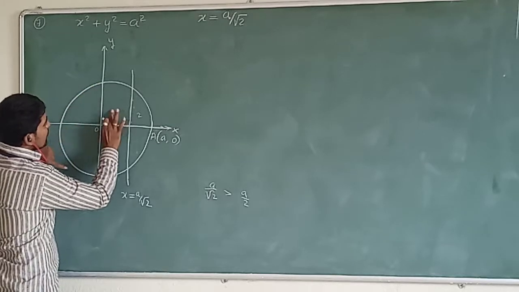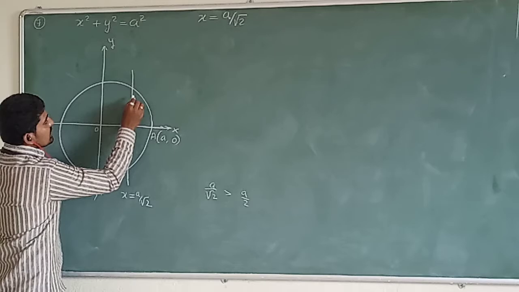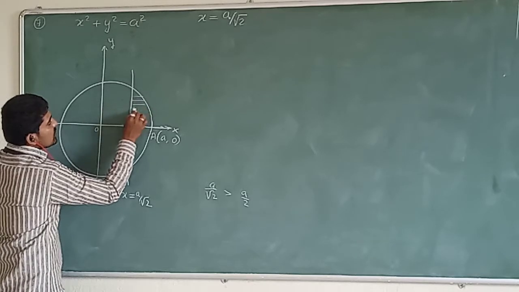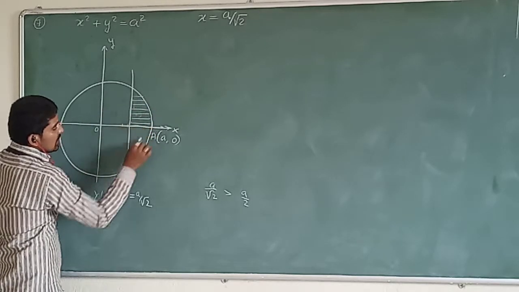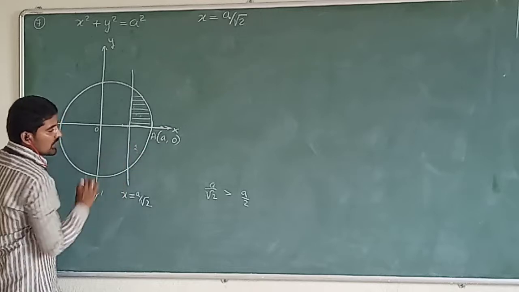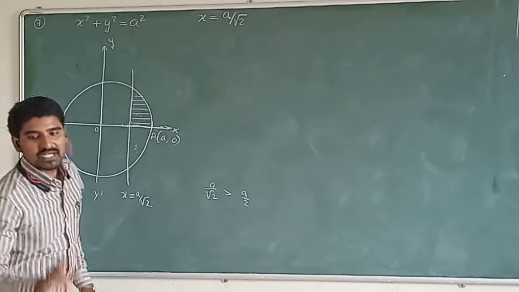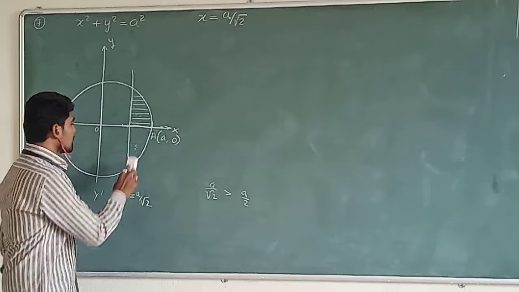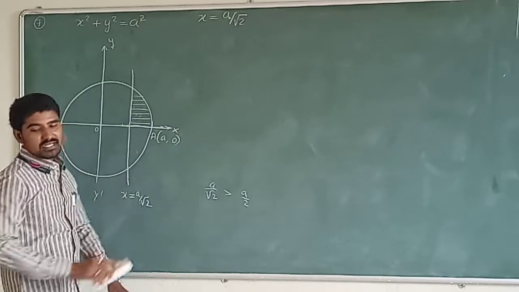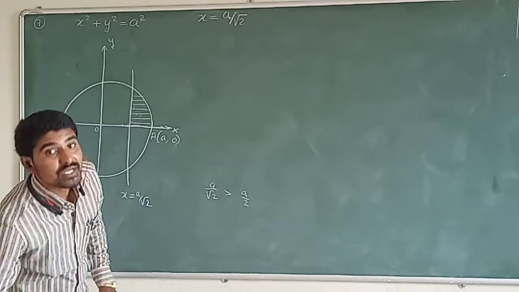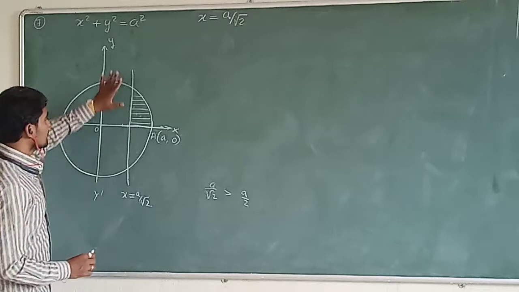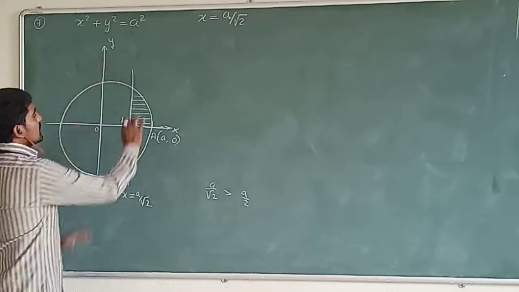It means we need to find the second area as well as this area also. Why? Because it isn't given that we find the smallest area cut off by the line x = a/√2 in the first quadrant only. They have asked for the smallest part of the circle.